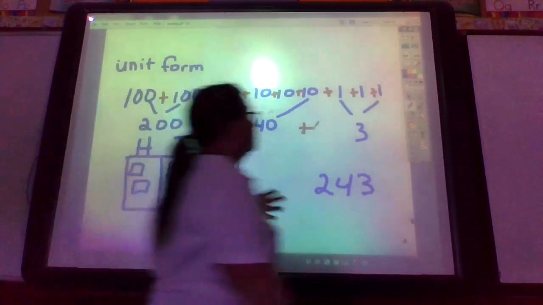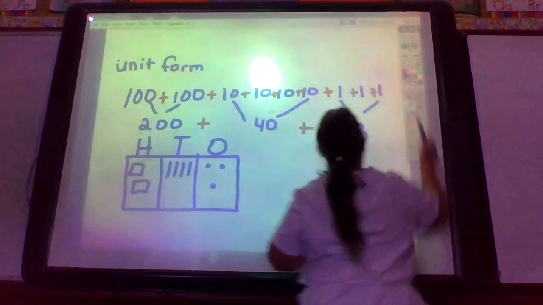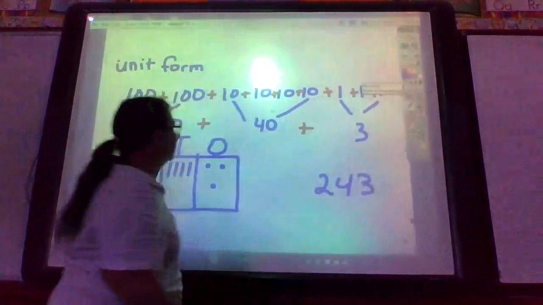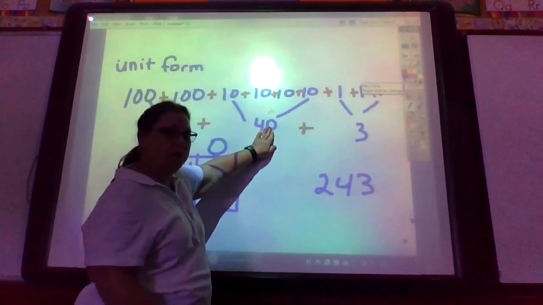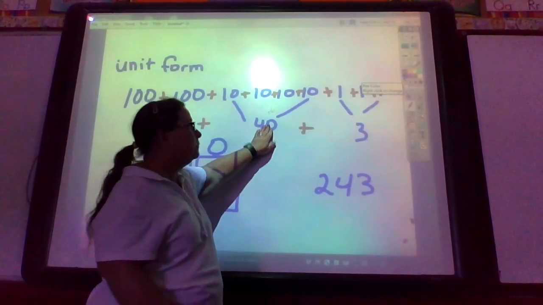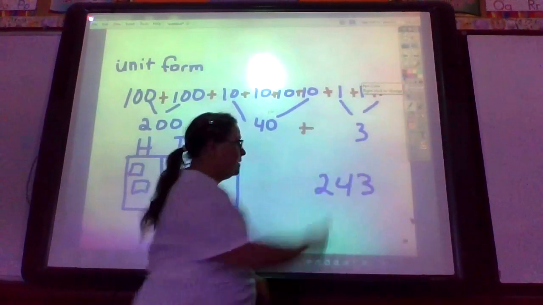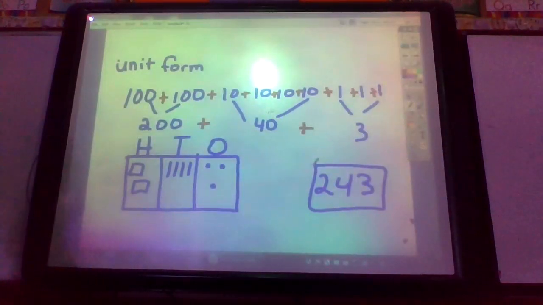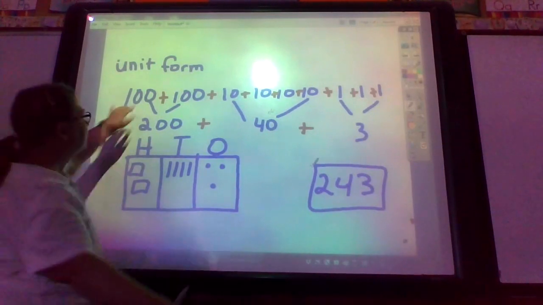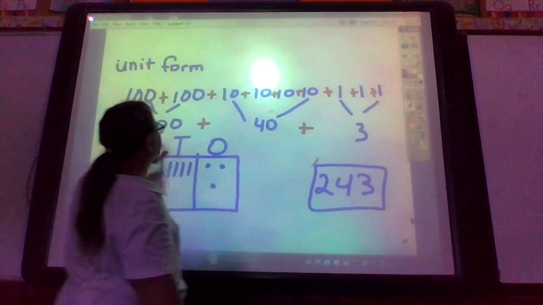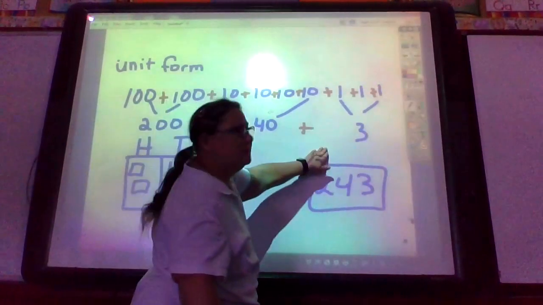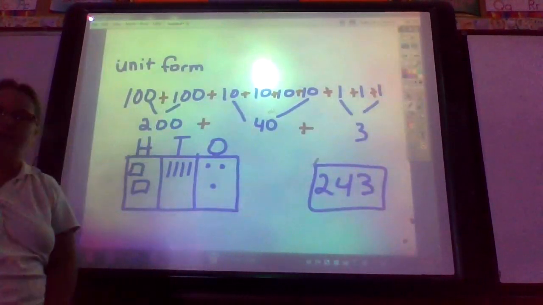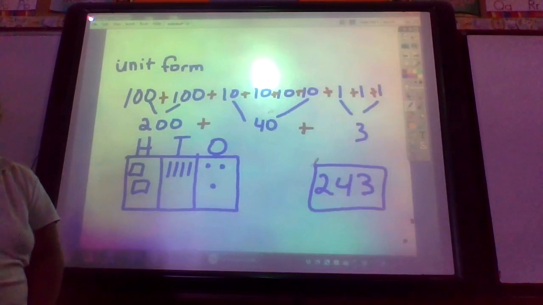If I add those three together, I get 200 plus 40 is 240, plus 3 is 243, and here is the answer that I get, 243. So now I've taken my unit form and I've expanded it to make it like this when I added it together.